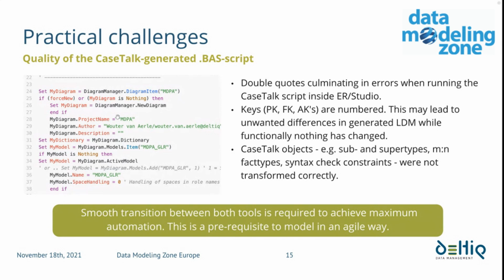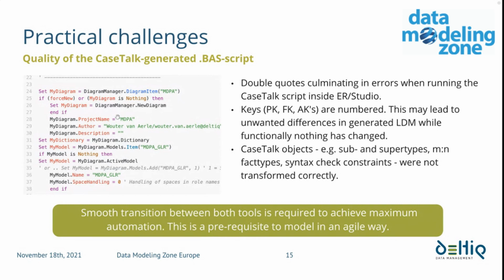So that leads to a situation where if you have a particular fact type which hasn't changed, and that fact type results in a foreign key relationship which functionally hasn't changed as well, once you rerun the generation from CaseTalk it can result in a different number, which subsequently generates a difference between the previous logical model and the logical model you've just generated, although there aren't any functional changes. So that is something we also needed to resolve.